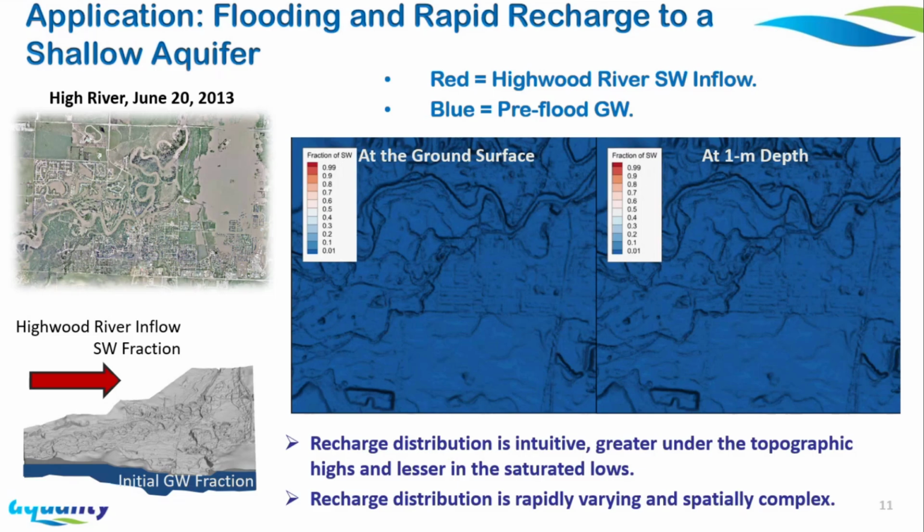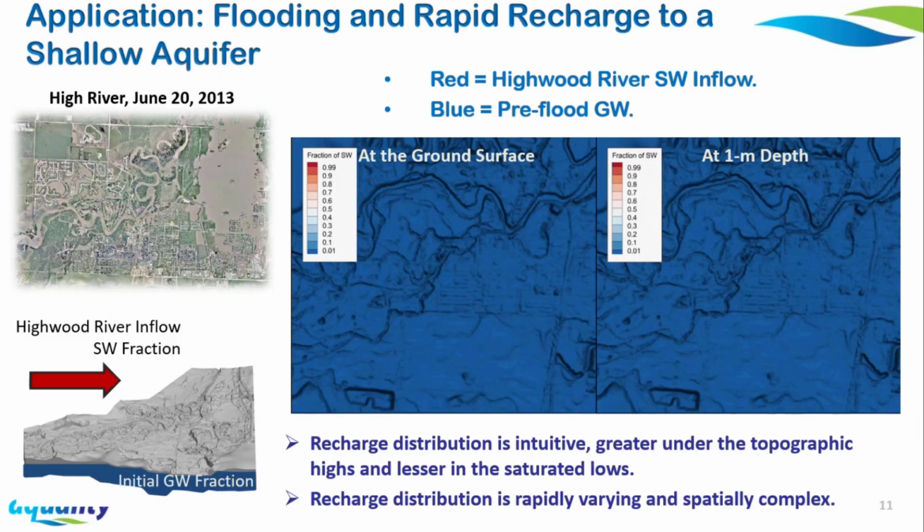In the upper left, you can see an air photo of the flood inundation from the June 2013 flood event. Basically the entire center of town was inundated, including the well field. In the lower left corner, I've got a small key showing the colors for the animation. The incoming surface water flood wave is in red, and the initial groundwater fraction is in blue.